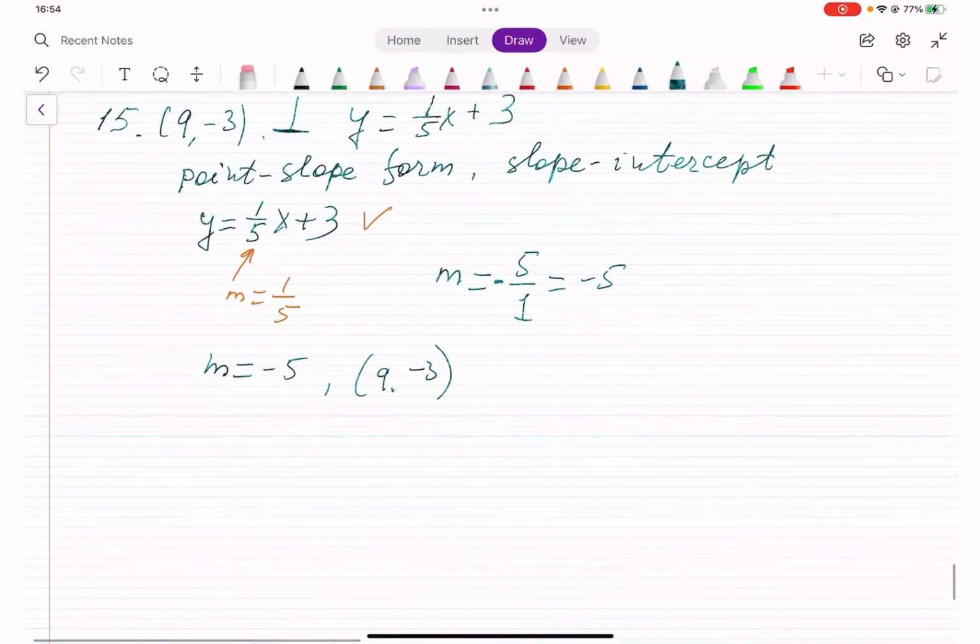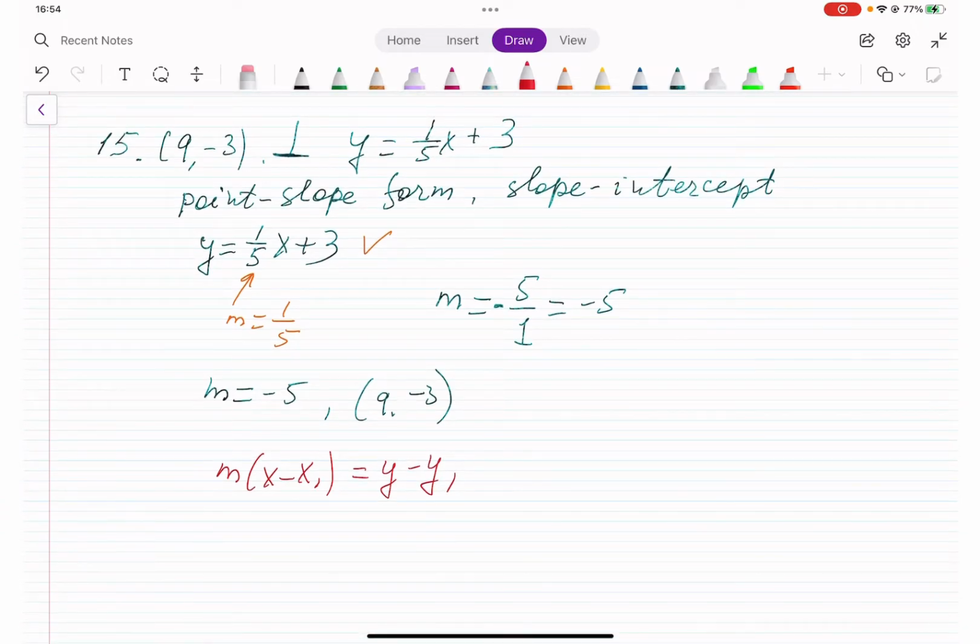All right, let's write down the form we are using. m times x minus x1 equal y minus y1. So m is -5, x1 is 9, right? That's from 9 and -3, equal y minus y1, where y1 is -3.